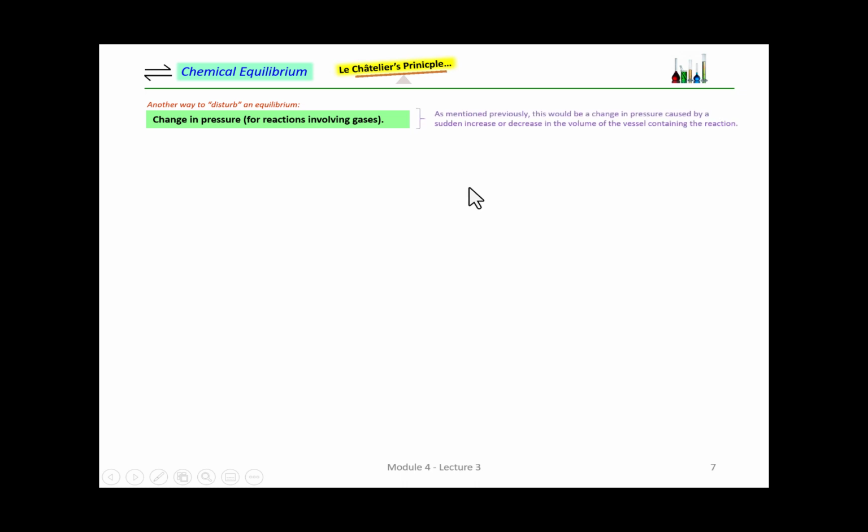The second on our initial list was a change in pressure, and remember this was for reactions involving gases. And as mentioned previously, we could change the pressure by suddenly increasing or decreasing the volume of the vessel containing the reaction. So we can look at an example using the Haber process.